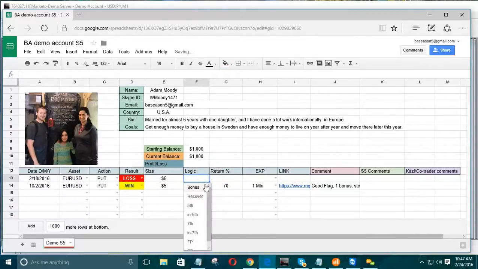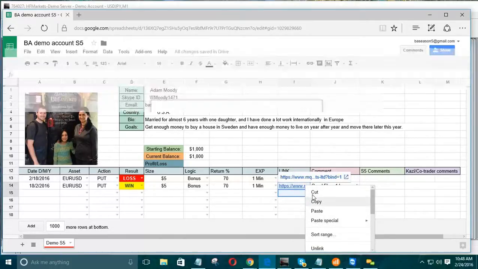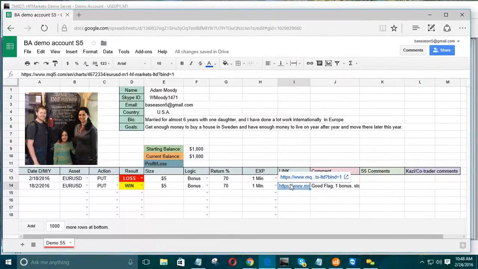Select bonus, 70%, 1 minute, and then I can copy this link here and put it up here, and then I could put, same as below or something like that.